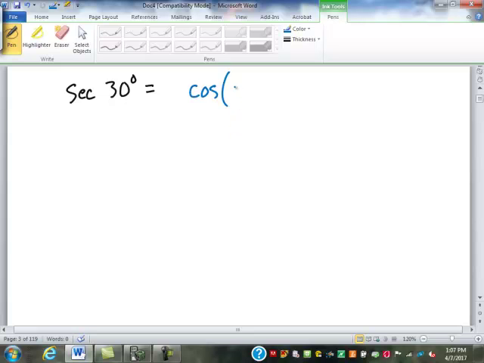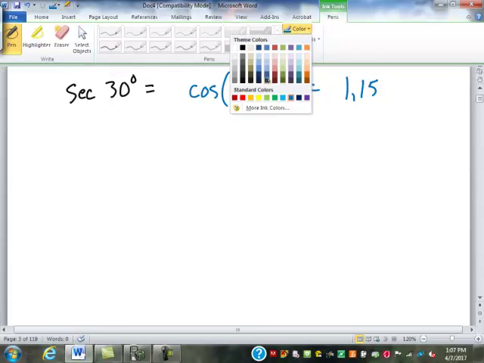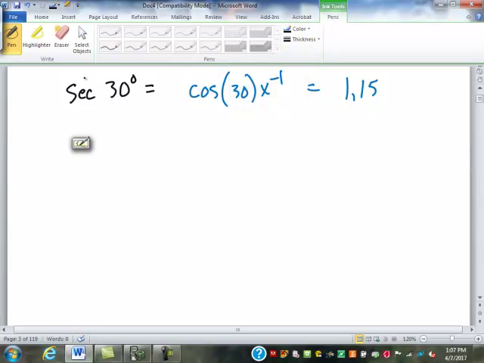Cosine. Parentheses open up. What do you put in there? 30. Then what? Close parentheses. And then? X negative 1 gives you, you're right, 1.15. Need a second to try it again, or? I got it. You got it? All right.